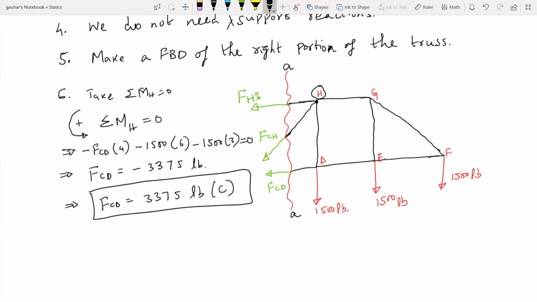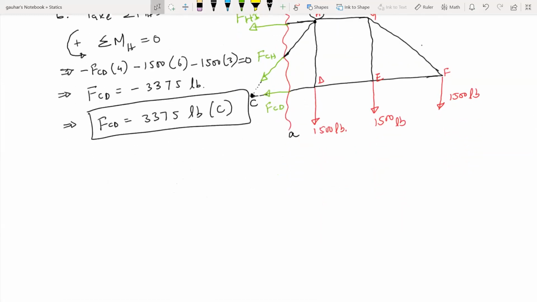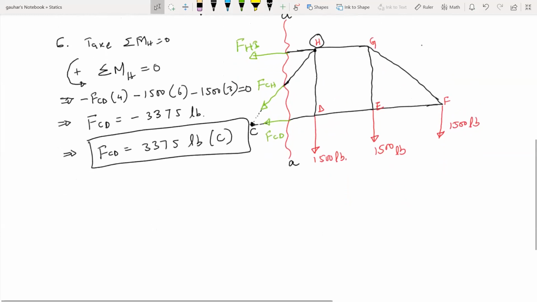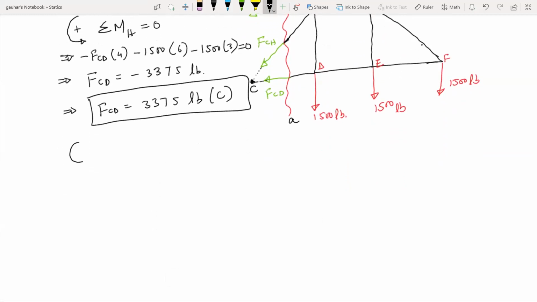So now we can take moment at this point, right? This is your point C, okay? Because if you take moment at point C, then FCD is gone, FCH is gone, and the only thing left is FHI, so you will be able to find FHI, right? Okay. So, sign convention, counterclockwise positive, summation of moments at point C equals 0, right?